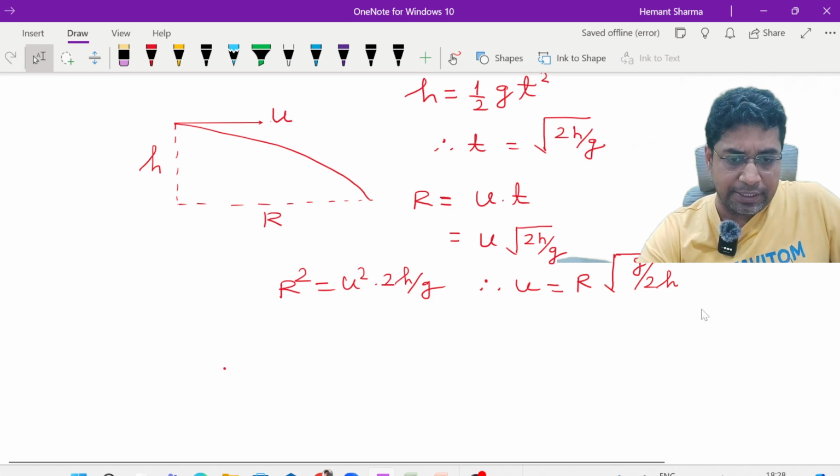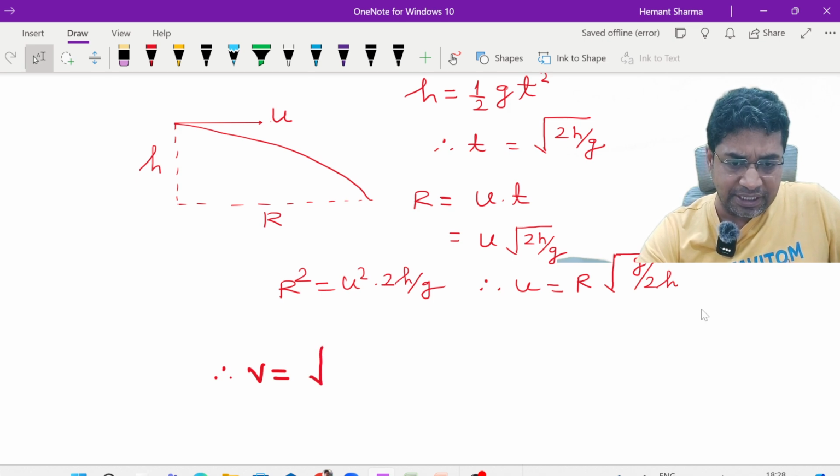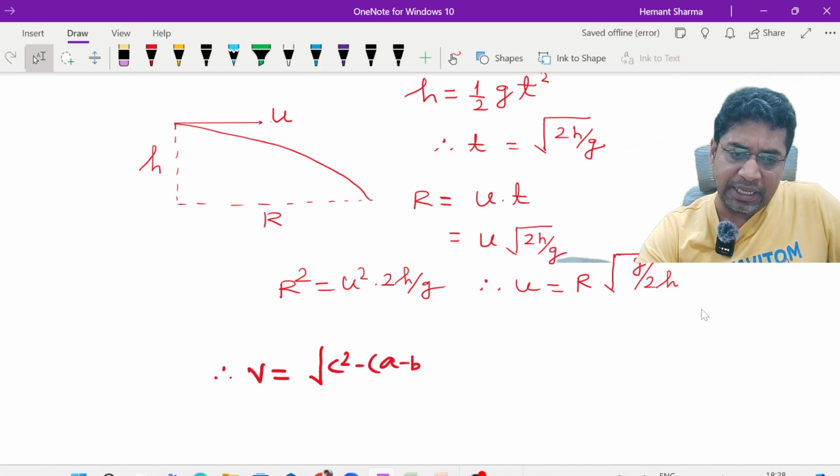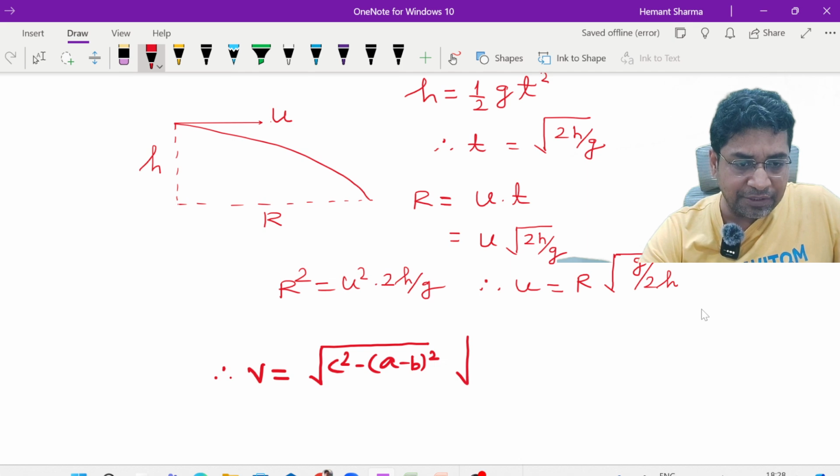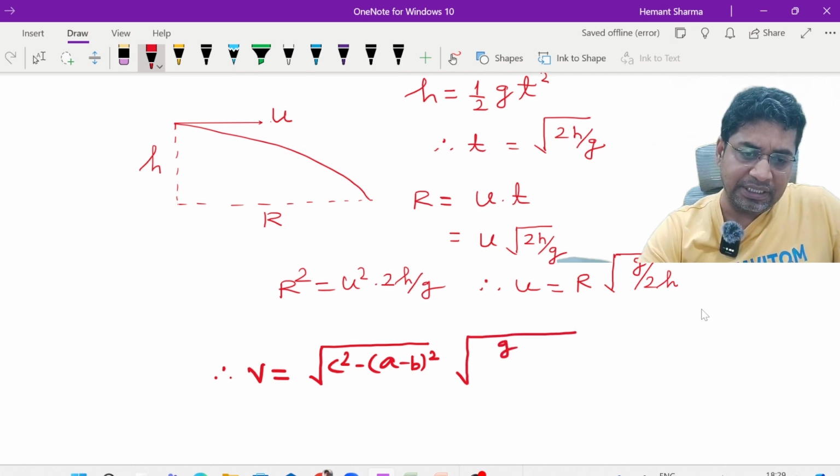So we will be getting v is equal to range. In place of range, this is under root c square minus a minus b whole square. And as far as height is concerned, this height is twice of a minus b.